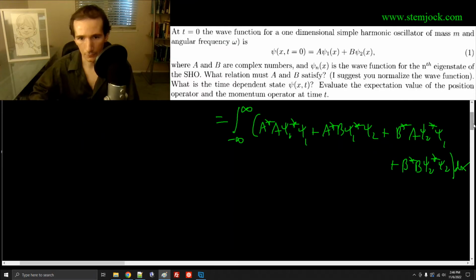All right, so now I use the fact that the integral of a sum is the sum of the integrals. I'm going to split up this integral, and I will bring the constants out in front of each one.